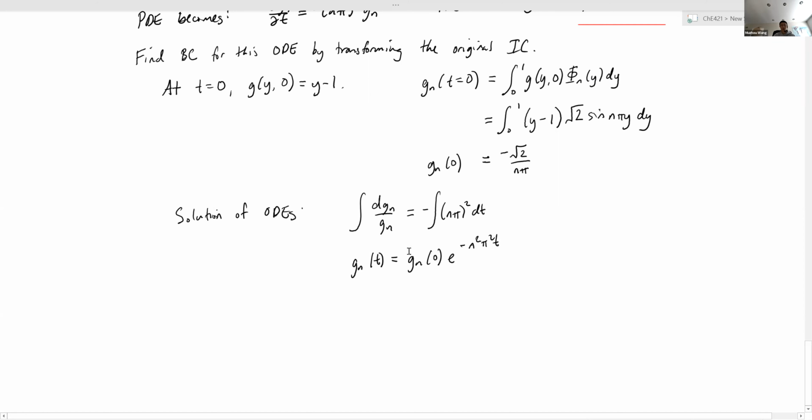Okay, and then this is where that boundary condition comes in. Okay, so this, and now this is where we go back and look at our overall solution.